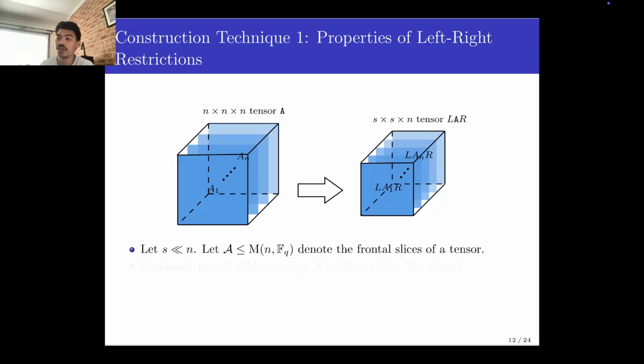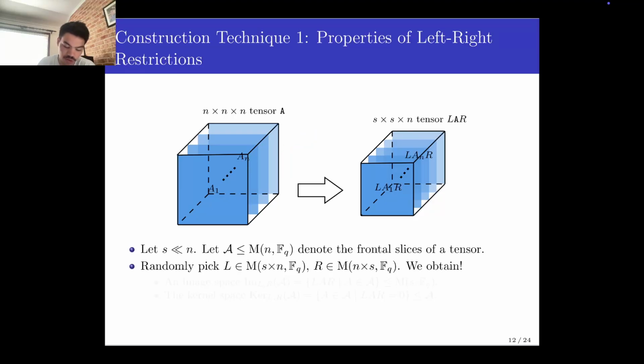So how do we actually construct this semi-canonical tensor? First, we need to introduce a parameter S, which is small compared to n, and we'll consider the matrix space which is spanned by the frontal slices of the tensor. Then we can randomly choose left and right multiplying matrices, where we have an S by n matrix multiplying on the left, and an n by S matrix multiplying on the right.